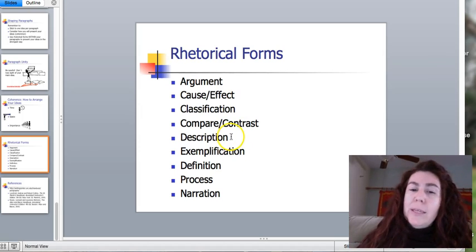Or yes, within my paragraph, I could really give a strong description of this one particular solution, or within one of my paragraphs, maybe within your background section, I really need to define my terms so that we all understand what I'm talking about when I say compassion fatigue versus burnout. So these are some examples of how you could use those rhetorical forms to organize your paragraphs.